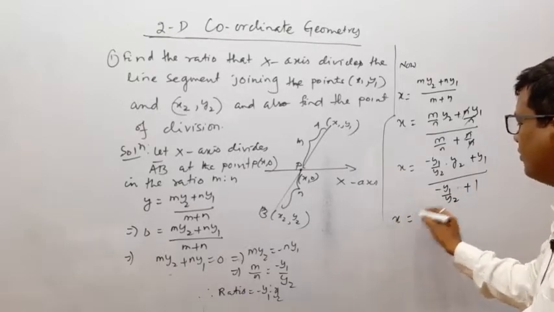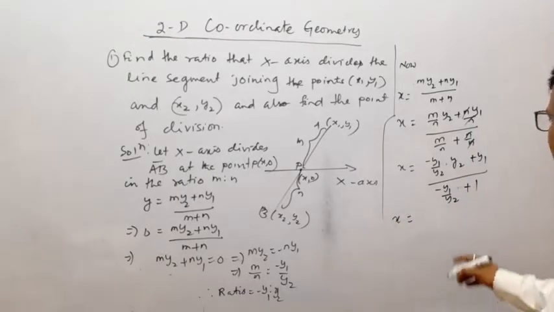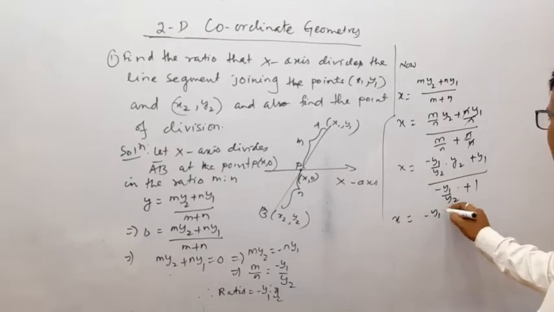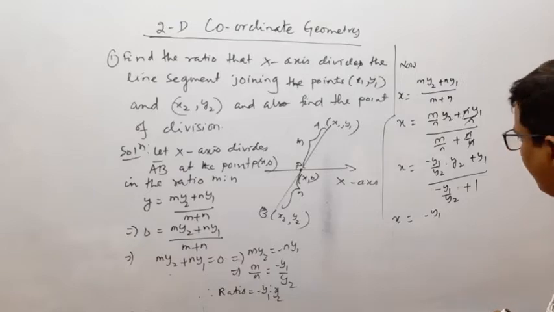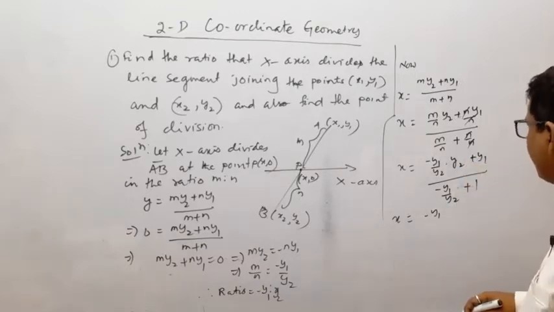Now x is equal to minus y1, so this is y1 by y2 into y2 here, and this cancels.